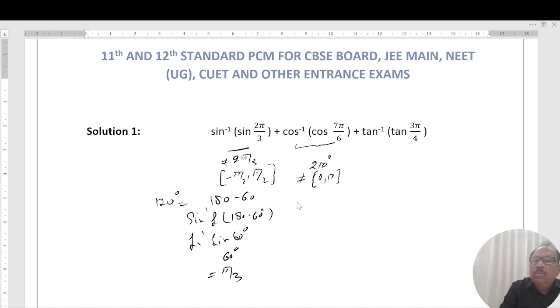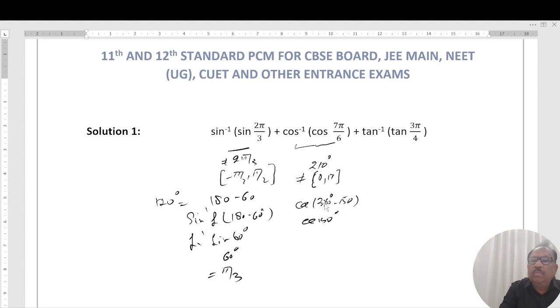How is it possible? Cos of 360 minus 150. The answer is 210. This belongs to the fourth quadrant. In the fourth quadrant, cos is positive. So this comes out to cos of 150 degrees.